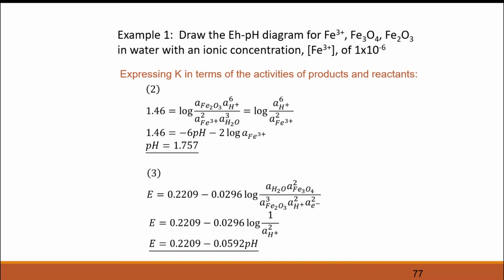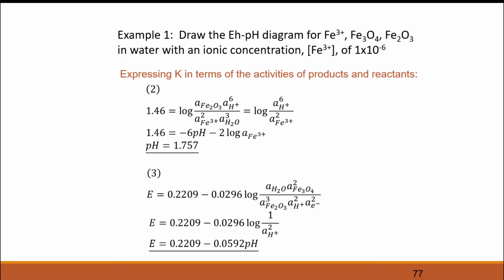So that's 0.0296 logarithm of yung activity ng water multiplied by the activity of Fe3O4 raised to the power of 2 divided by activity of Fe2O3 raised to the power of 3, and then the activity of your H plus raised to the power of 2, then activity of your electron. Again, itong H2O, Fe3O4, and Fe2O3 are pure condensed phases, therefore 1 lang sila lahat.